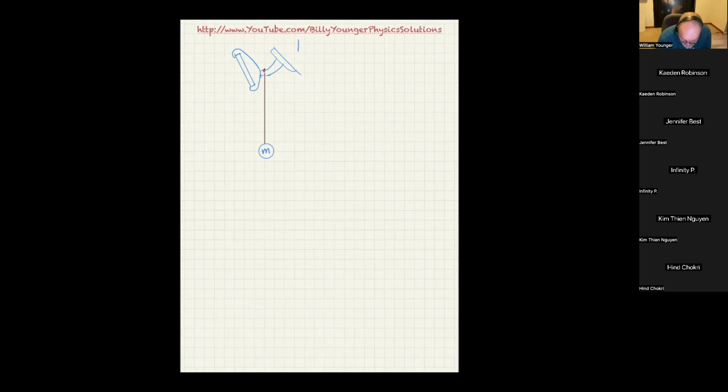So my question is, at what angle theta will the mass hang when the car accelerates at A? So that's the question, okay?